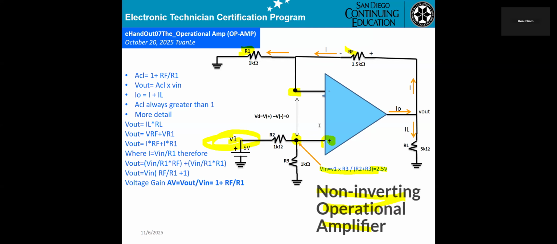Why? They already told you the difference between positive and negative will be 0. That means whatever voltage is here will be the same voltage here, and you get 2.5 volt here. So at this point you also get 2.5.